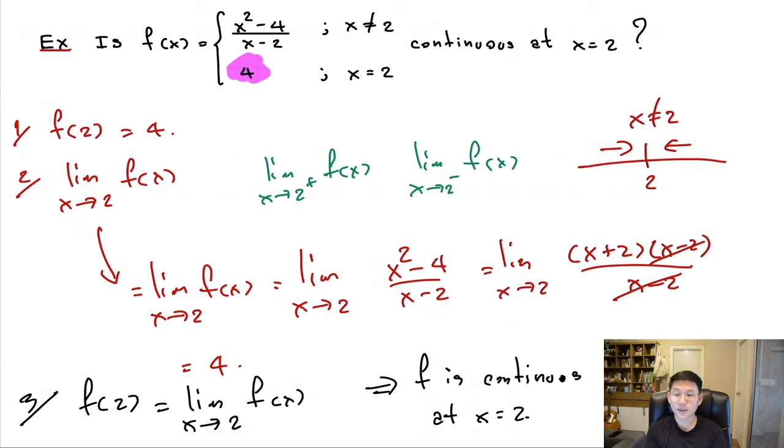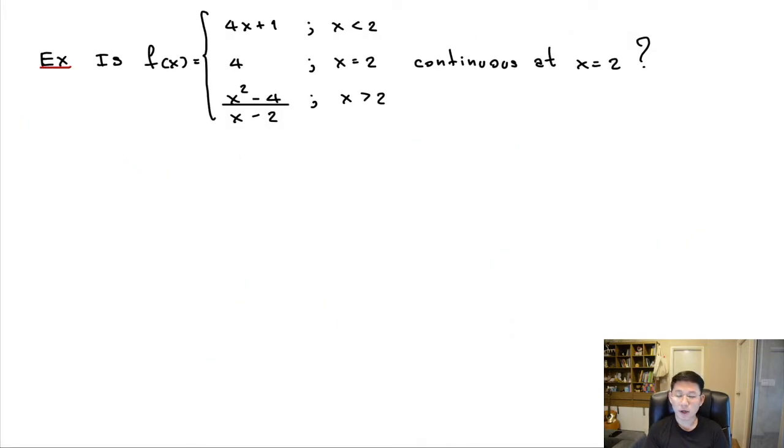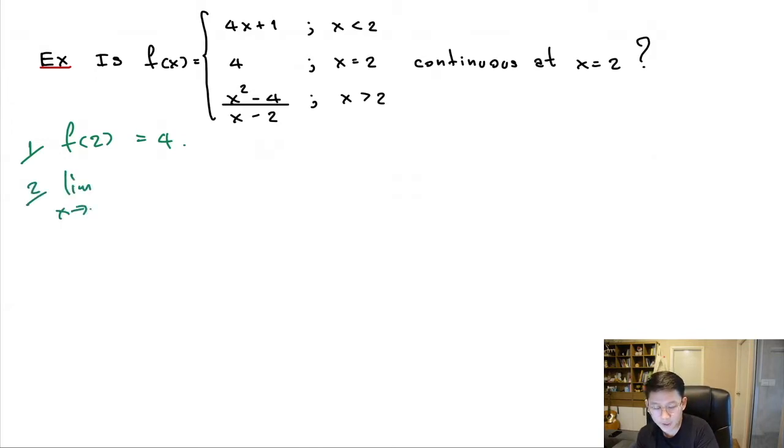Okay, let's look at another example. This one. Again, the same pattern. First, we look at f(2). So f(2) is 4 again. Second, we need to look at the limit as x approaches 2 of f(x).